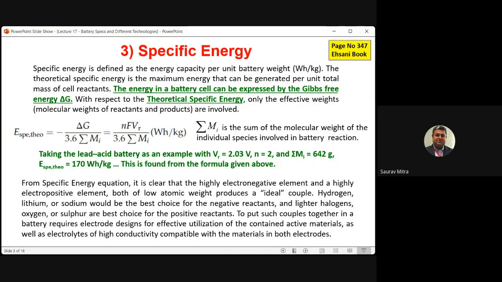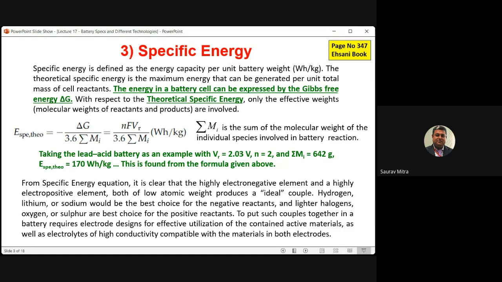Why lithium ion, what is the speciality in that? These are questions that can be asked in interviews. Lithium ions are both very light, it's a very light couple. That means within a specific weight, you can pack much more reactants. So that's why lithium ion is an ideal couple.